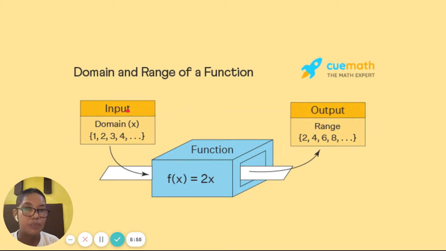Your domain is your input, and i-input mo siya sa function natin, you substitute, ibig sabihin, you will have an output or yung range nyo po. So, kung ang input nyo ay 1, 2, 3, 4, ang possible output nyo po ay 2, 4, 6, 8. So, later on, makikita nyo po paano nangyari yan.